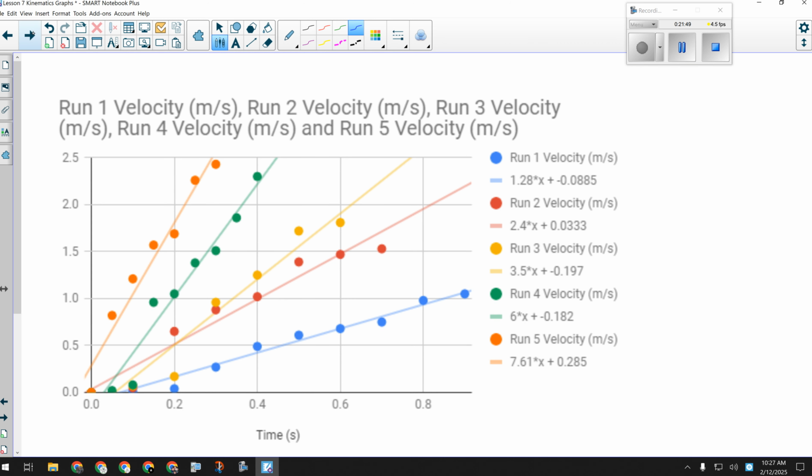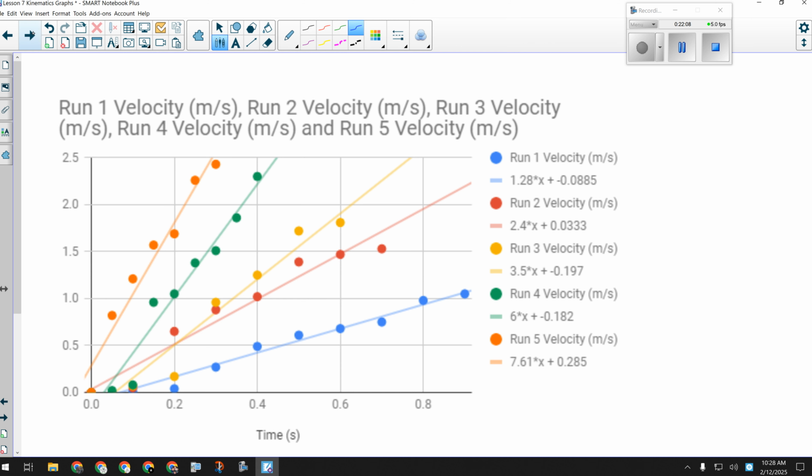All right, I'm going to go over a couple of examples here. For this graph, here is what I would like you to do, just for run 5. That's the steep orange line right here.